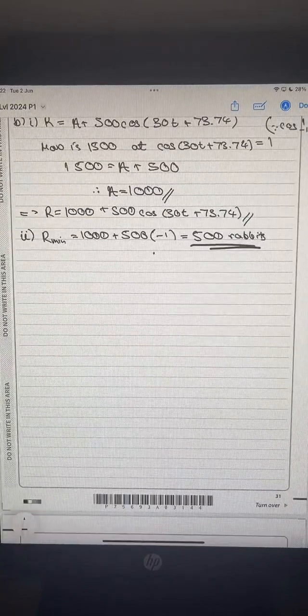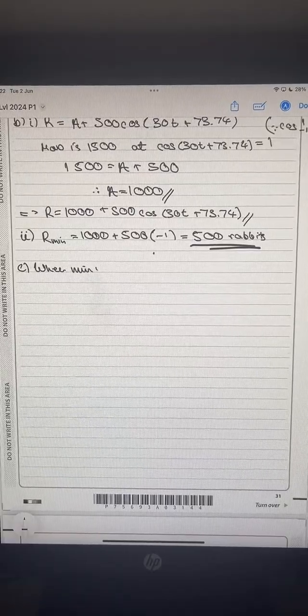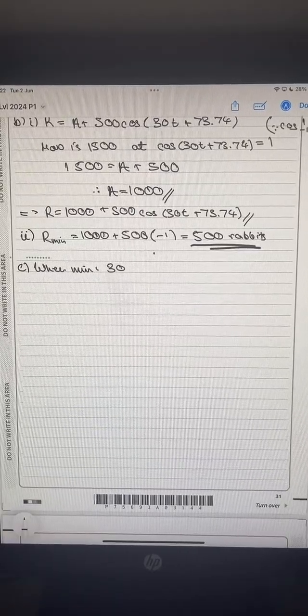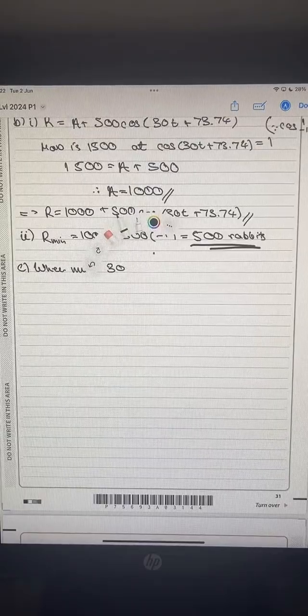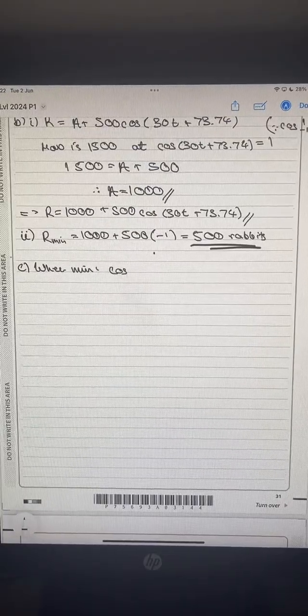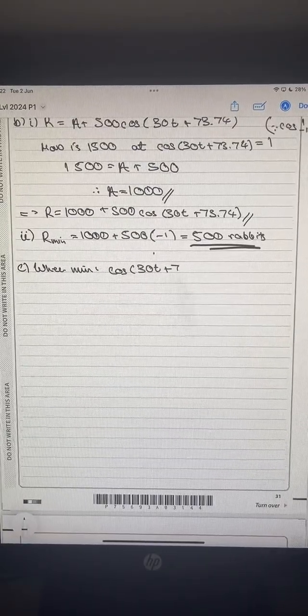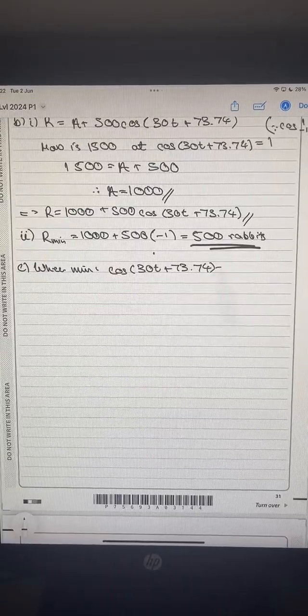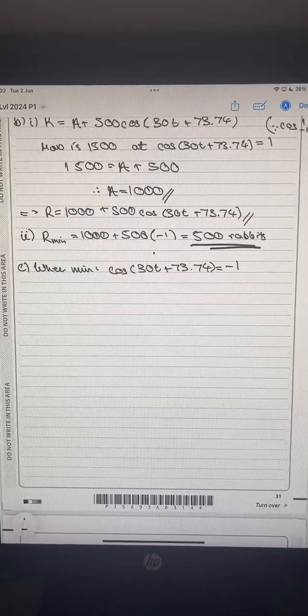So for part C, when it's at its minimum, we know that cosine of 30t plus 73.74 is equal to -1, like I said, because we want to take away a negative.